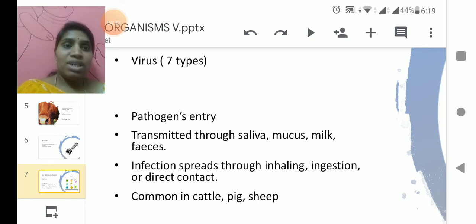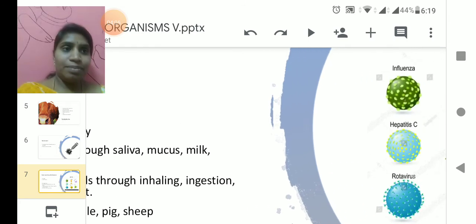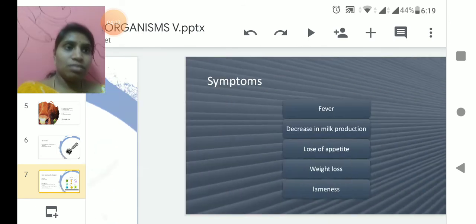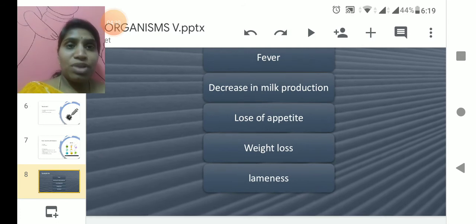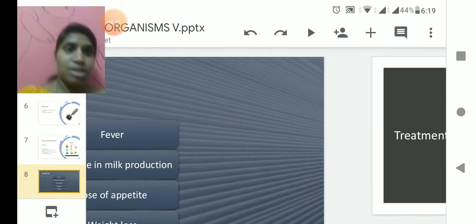It is common in cattle, pigs, and even sheep, right? Here are the symptoms you can see, children: fever, decrease in milk production, loss of appetite, and weight loss. Yes, and lameness also can be seen in this disease.